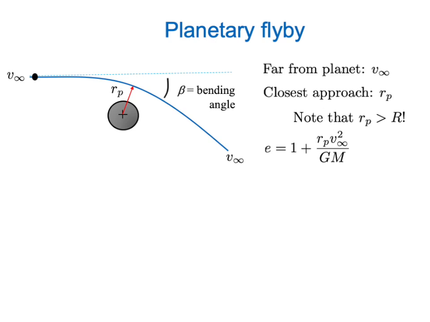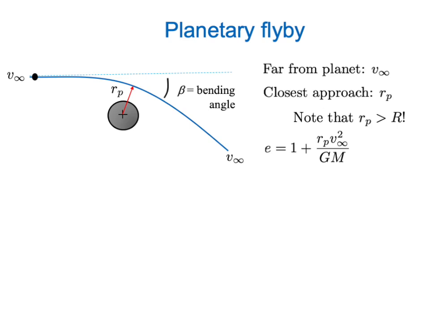It speeds up, and also its path is deflected. And then as it leaves the planet, it slows back down to its asymptotic speed, and its trajectory has been bent through an angle which we might call beta. That's the bending angle. So the distance of closest approach is r sub p, the paracenter distance. And we notice that for this to work out, the paracenter distance had better be bigger than the radius of the planet.